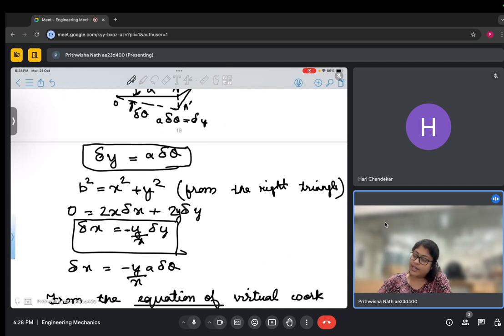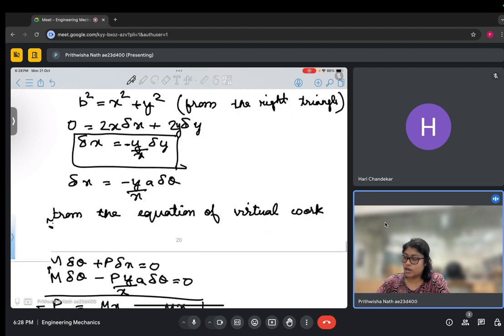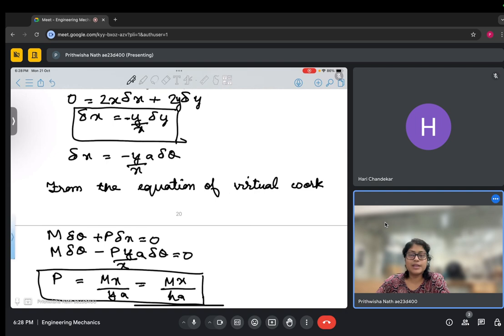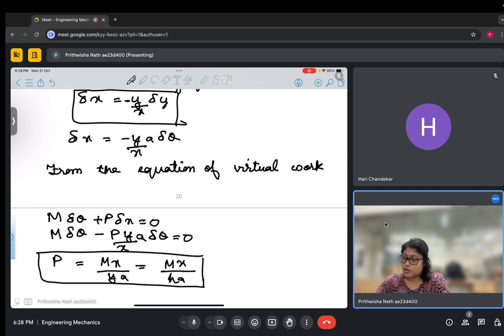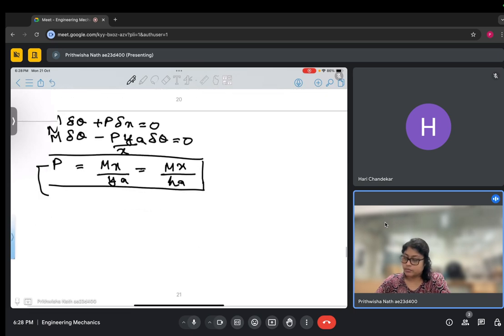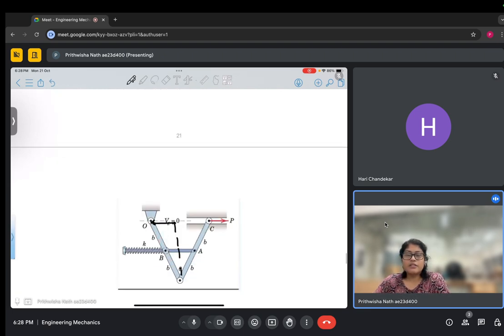Now from that we get delta x, and from the equation of virtual work we can write M delta theta plus P delta x equals 0. Now I substitute the expression of delta x and then finally rearrange it to get the value for P. So this is the final expression for P, and this question we just now solved.